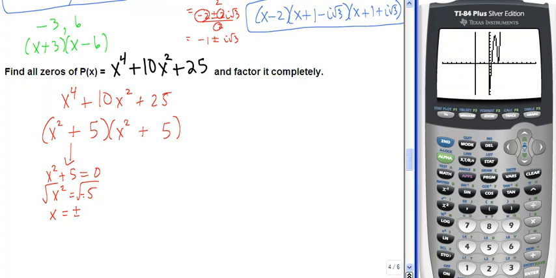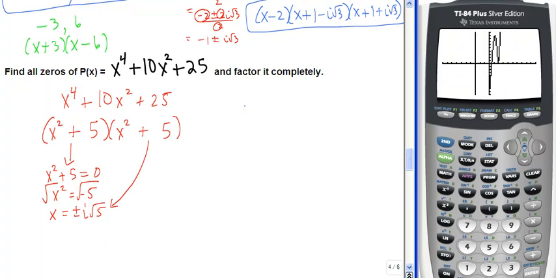There is a negative under that radical which is going to pull out into an i, and then square root of 5 is reduced already. So this factor has as its solution 2 complex numbers, plus or minus i root 5. This factor also has those same two solutions.